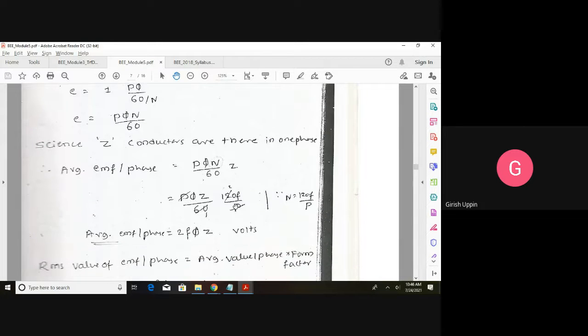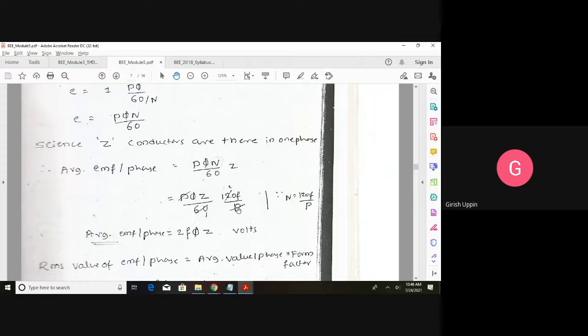And we know the frequency formula: F is equal to NP divided by 120, or we can say N is equal to 120F divided by P. If I substitute this N value here, as 120F by P, what we get is average EMF per phase is equal to 2FφZ.